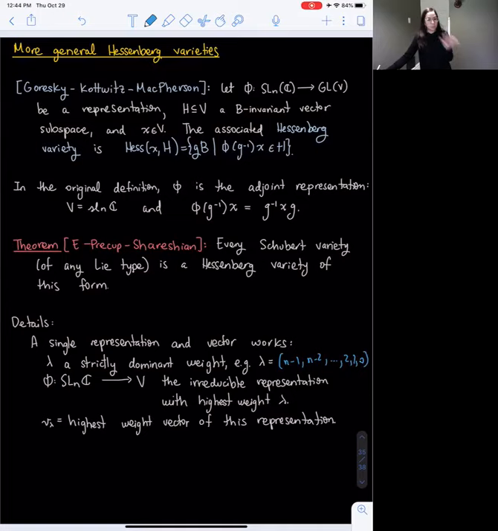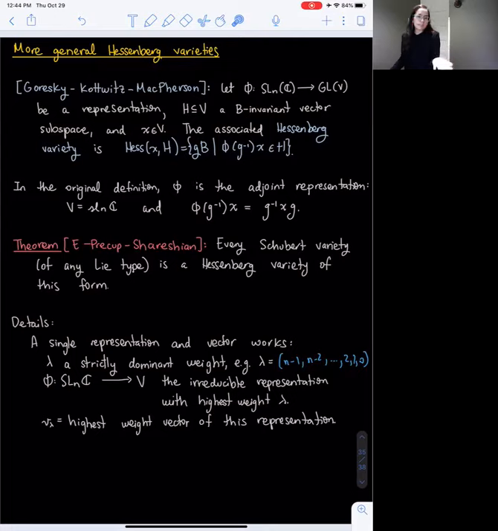If we have this weight, then there's an irreducible representation associated to it, the one that has highest weight lambda. This single representation will be good enough for us to realize all Schubert varieties as Hessenberg varieties. And for the vector, once we're in this setting in representation theory, your best guess is probably, why don't we just take x to be the highest weight vector of this representation? And yes, that will also work. So this is the representation and vector that works for all.